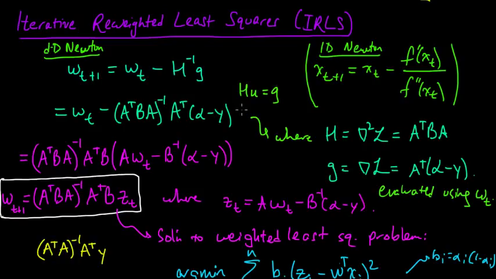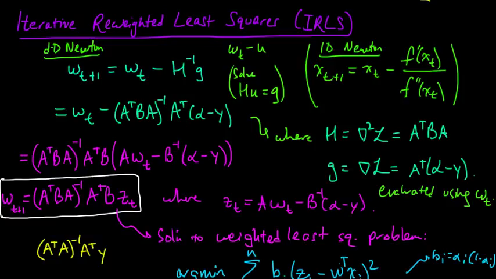In general you want to do this because inverting H might not be numerically stable, depending on H.